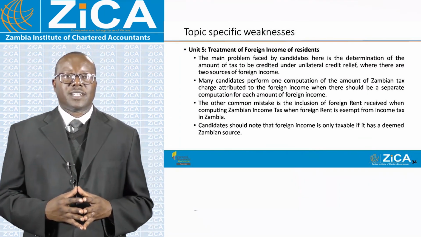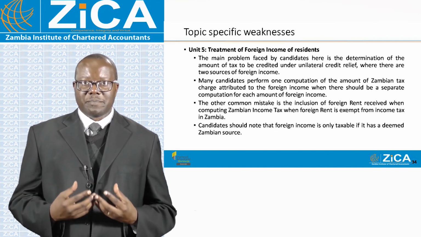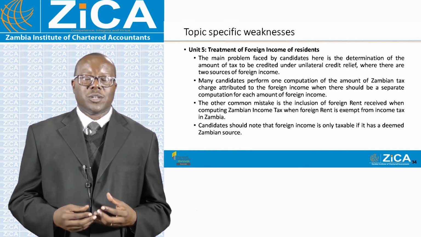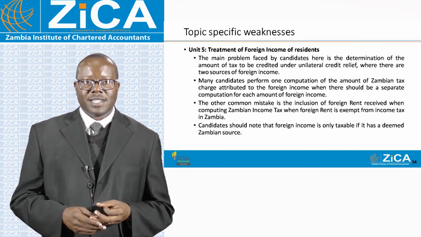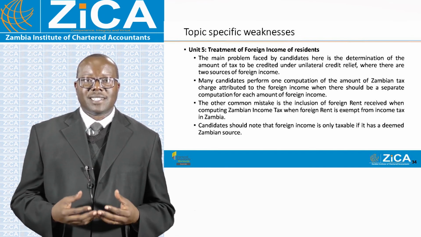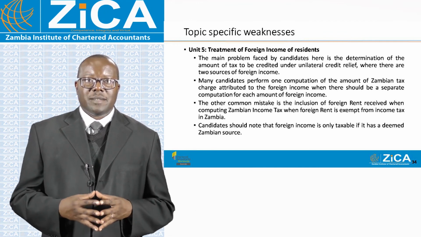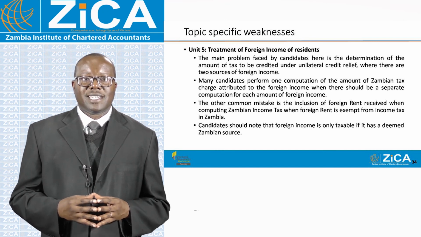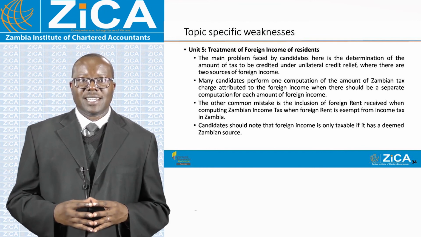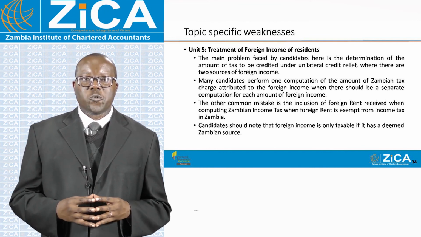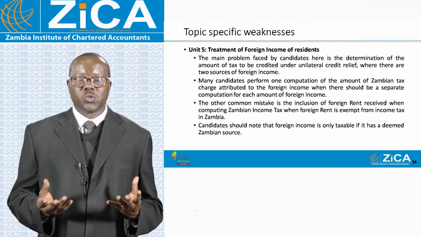Unit 5. Treatment of foreign income of residents, where a person is resident in Zambia, whether an individual or a person other than an individual, and such a person earns income from abroad. Here the main problem faced by candidates is the determination of the amount of tax to be credited under unilateral credit relief, where there are two sources of foreign income, or even more than two sources.